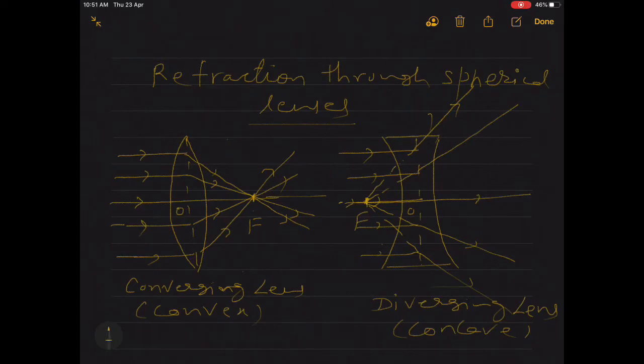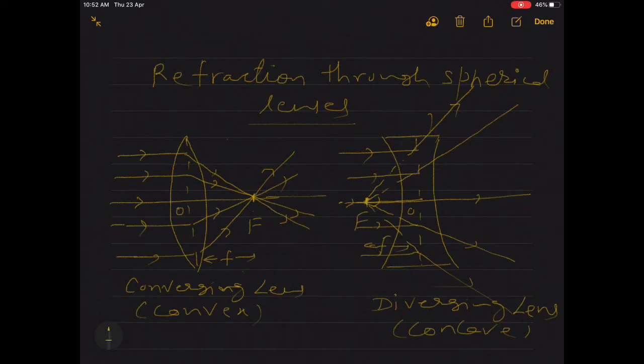The distance between optical center and focus is known as focal length, denoted by small f. So this is the behavior of the convex and concave lens for the parallel beam of light.